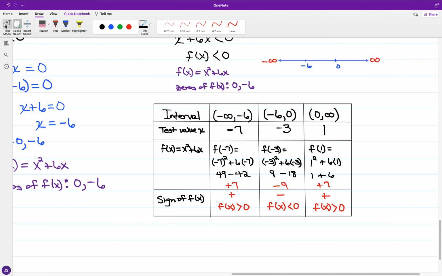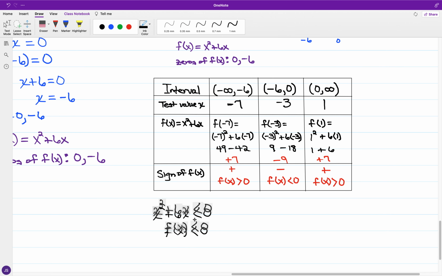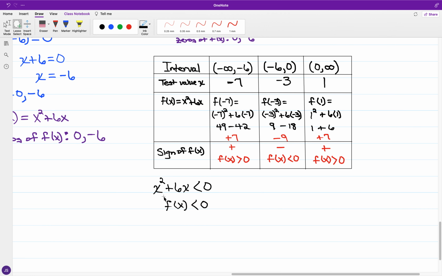So for the inequality we're working with, again we have x squared plus 6x is less than 0. Again, this makes reference to where f of x is less than 0.